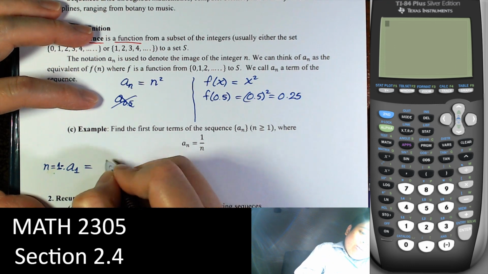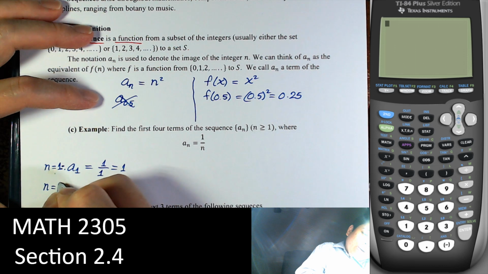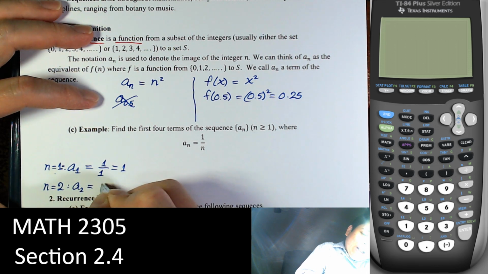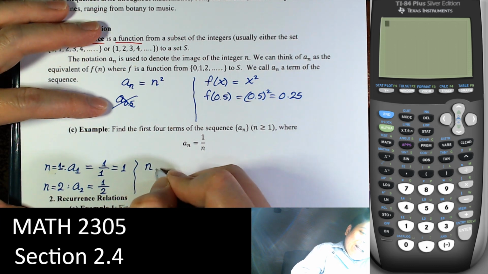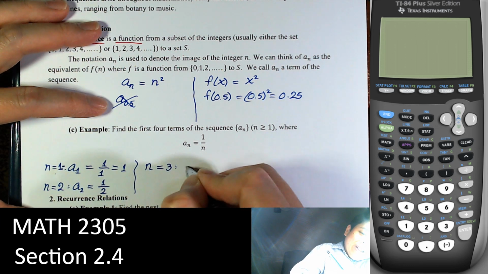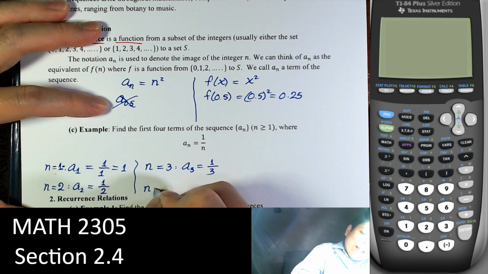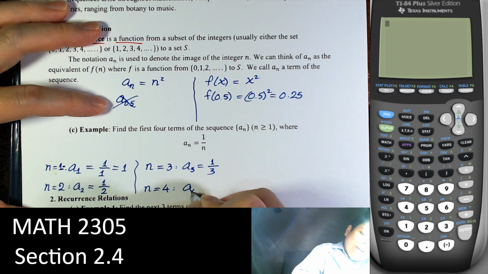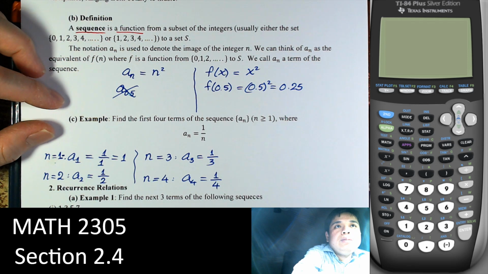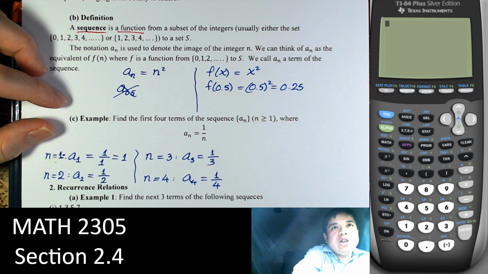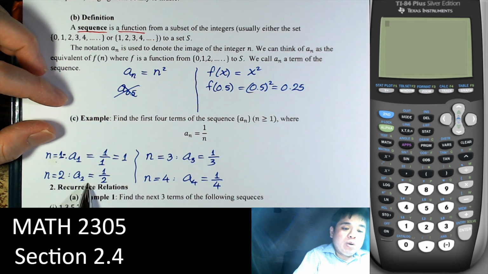A1, just put 1 over 1, so it's 1. n equal to 2, A2 equal to 1 over 2. n equal to 3, A3. n equal to 4, A4. So, pretty much that. Just like a function, except we use the whole numbers and then we put it as a subscript.